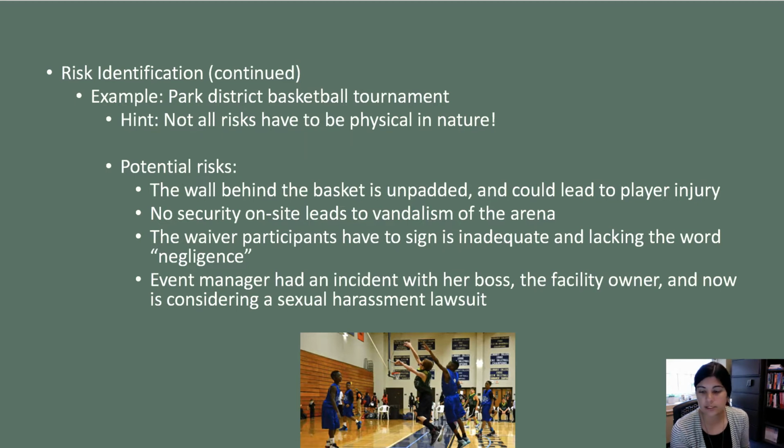You can go into more detail, certainly, than this in your actual report, but it's good to have a summary of the risks that you're identifying along the way. That could be helpful for some other things we're going to do later on in the process. I'm not going to read through all of those risks identified, but take a few minutes, read through those. Think about how the different categories of risks that I identified are represented here in the potential risks.